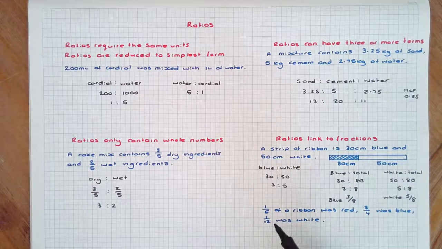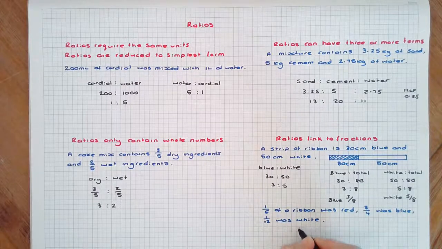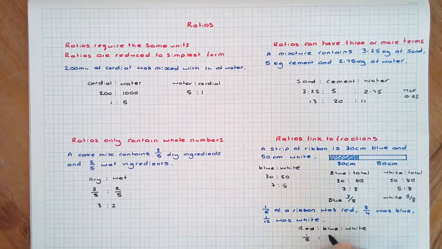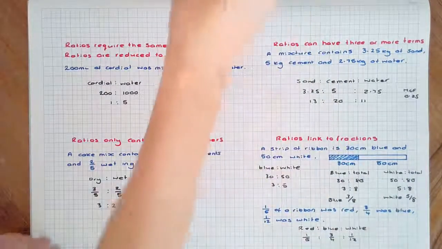Another example, 1/6 of a ribbon was red, 3/4 was blue, and 1/12 white. The ratio of red to blue to white is 1/6, 3/4, and 1/12.